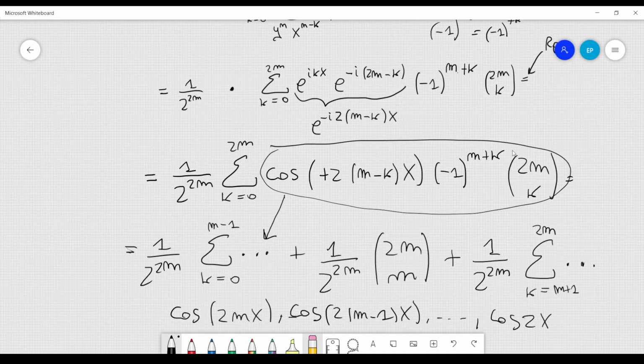And something similar will occur for this summation here, but instead of a plus sign, I will have a minus sign in the cosines.